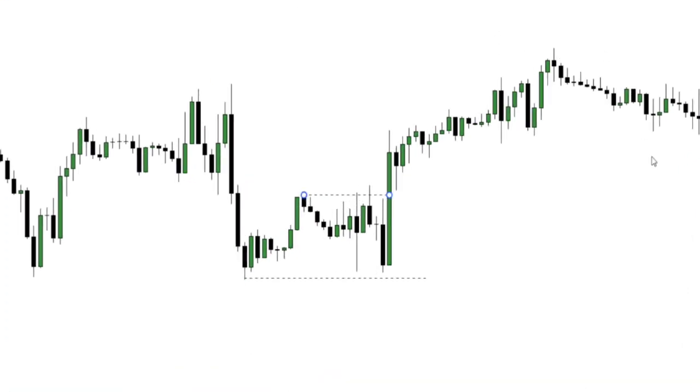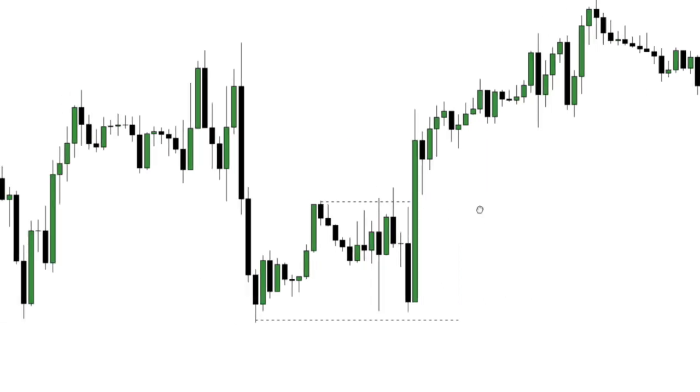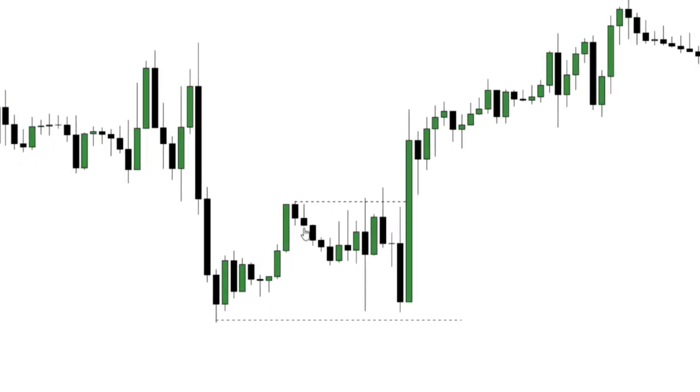So this is it. In delineating market structure, you want to identify where the structure is. So this highest level, you see these two candlesticks. You have this green one and this black candle. The wick, which is the tail of this particular candle, is literally where the structure is formed.